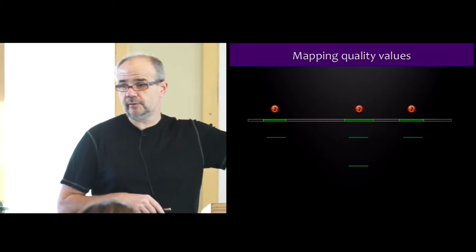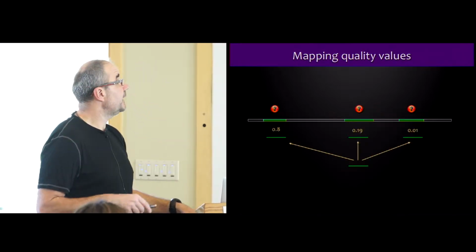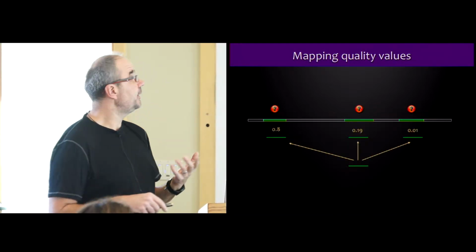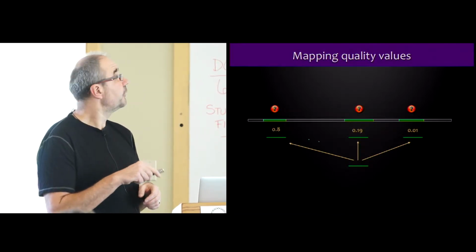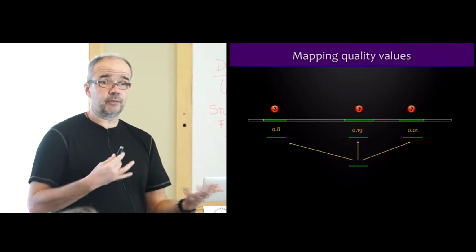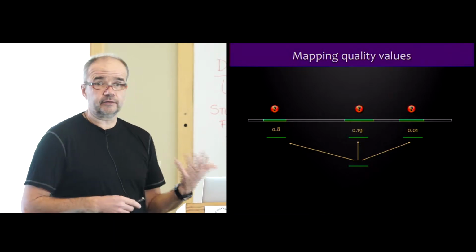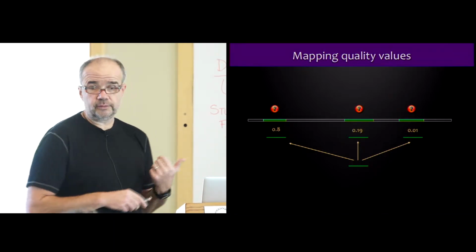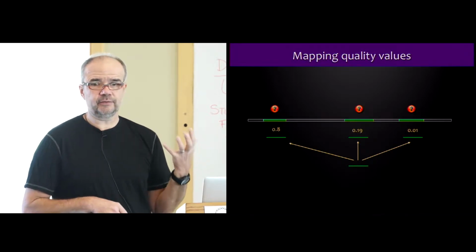The idea is, conceptually, that if you are able to calculate a probability, say it's 80% likely that this place comes from here versus 20% there and 1% there, then you have at least some probabilistic understanding, some confidence of your read placement. And this is what the mapping quality values express.